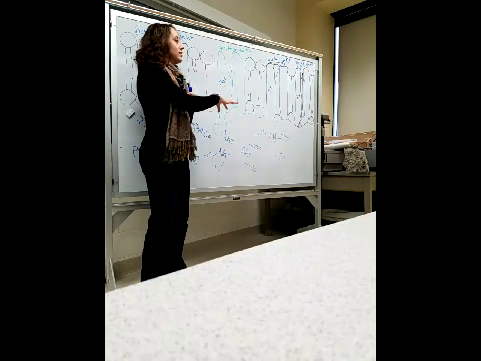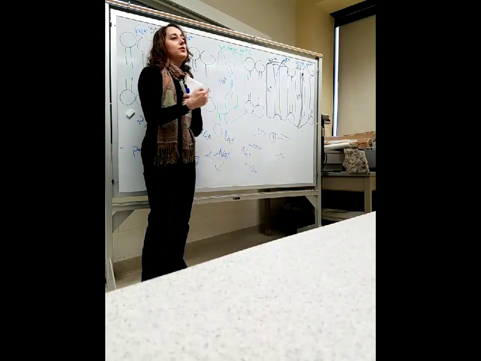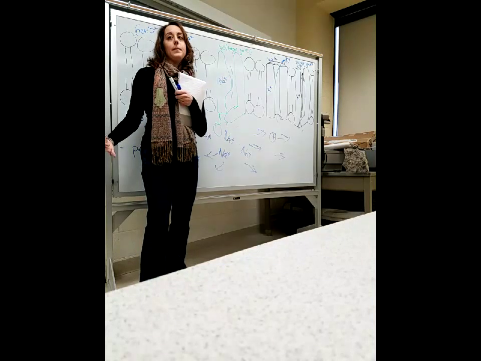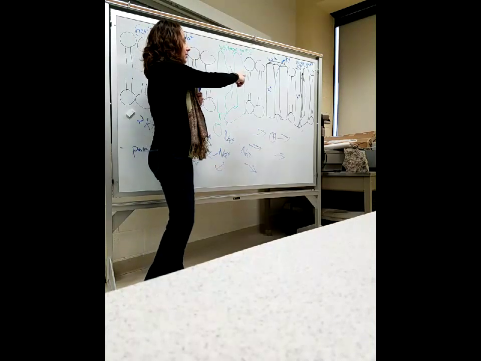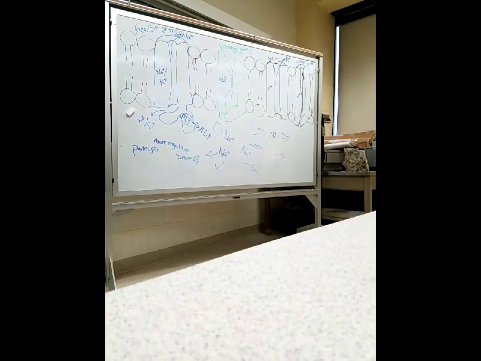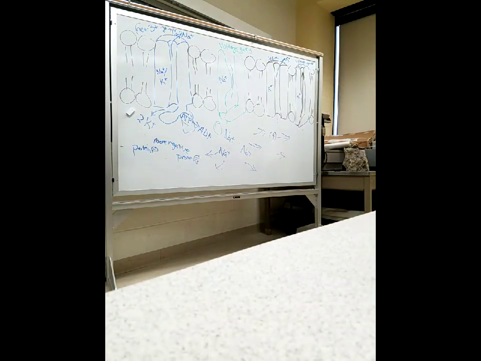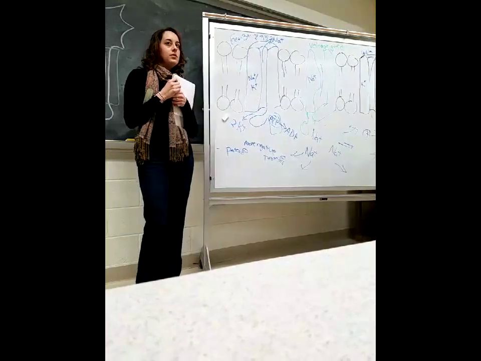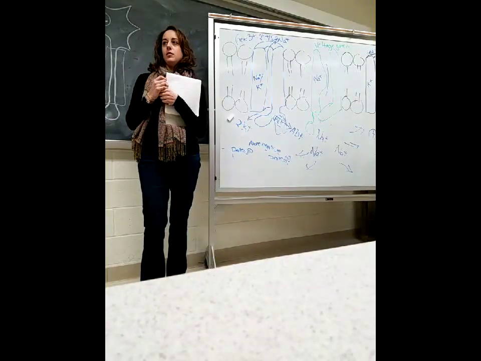And so it won't be opened due to voltage-related reasons anymore. Okay. Yeah. Cool. Thank you. And same thing with the potassium one at the end there. Any other questions? We're good? Kind of good?